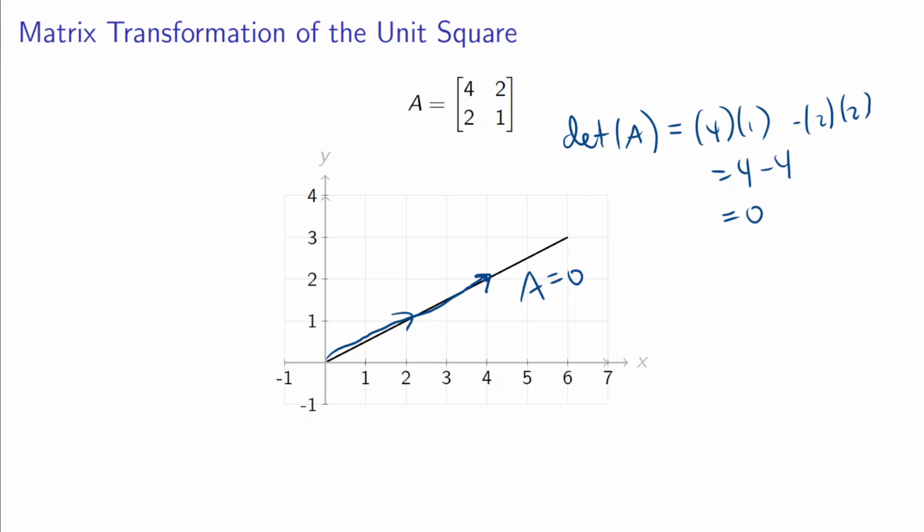So what we could see is that they are not linearly independent. So they're linearly dependent columns. And we know from our earlier study that tells us that this particular matrix is not invertible. So it has a determinant equal to 0, but we can see how that plays out geometrically with this matrix transformation of the unit square example, and also this area example. So hopefully connecting some of those dots.